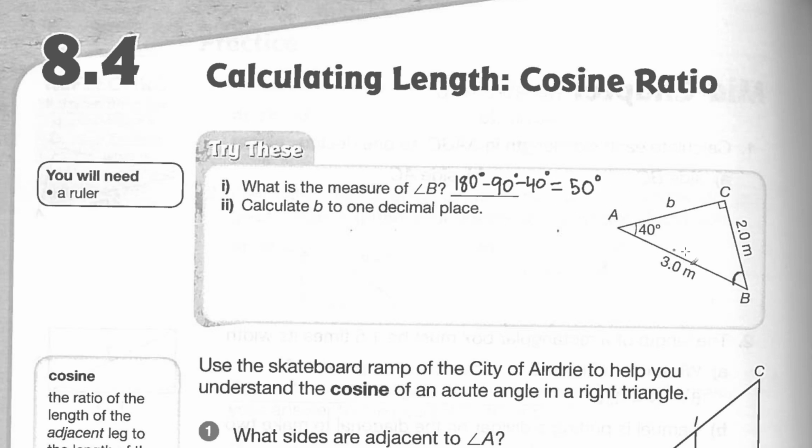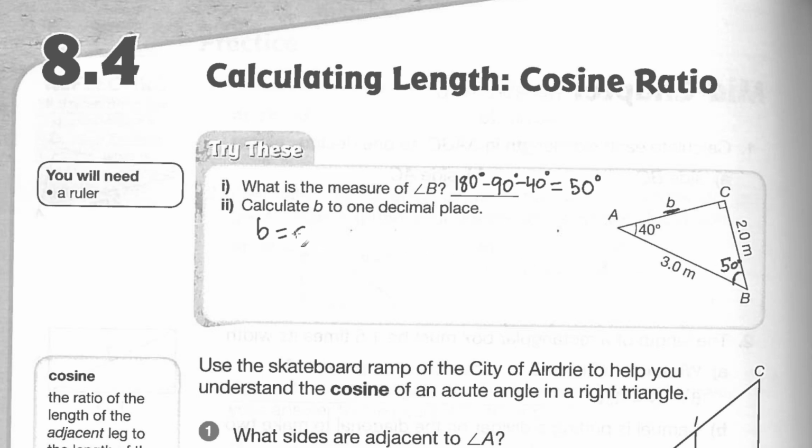It then says calculate side B or lowercase b to one decimal place. The way I need to do that is by using the learning from the last section. B, according to the last section, because it is the opposite side, it's going to be equal to the sine of this angle. I'll even write it there.